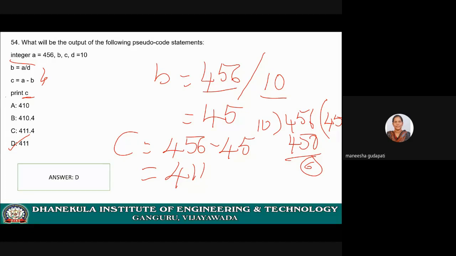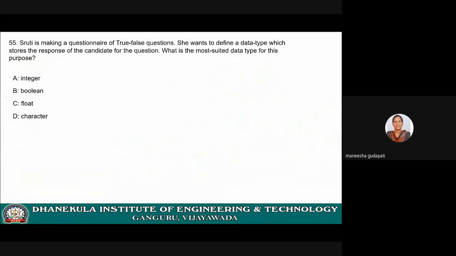Okay, let's move on to the next question if you don't have any doubts. Look at this question. Shruti is making a questionnaire of true false questions. She wants to define a data type which stores the response of the candidate for the question. What is the most suited data type for this purpose?